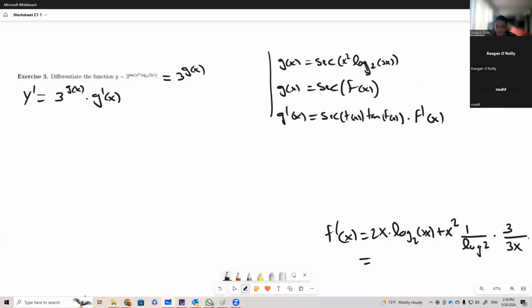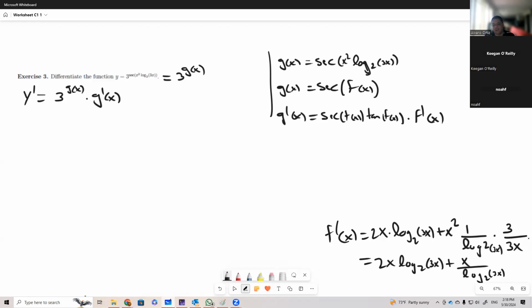So if I simplify this a bit, notice that this becomes 2x log base 2 of 3x. And then this 3 goes away, this x goes away, and this becomes x over log of 2 of 3x. Does that make sense?